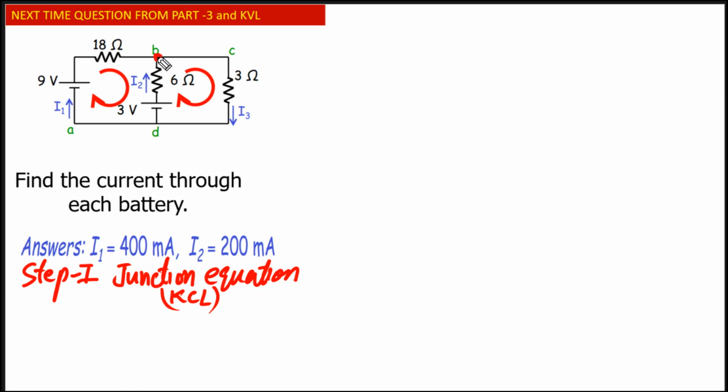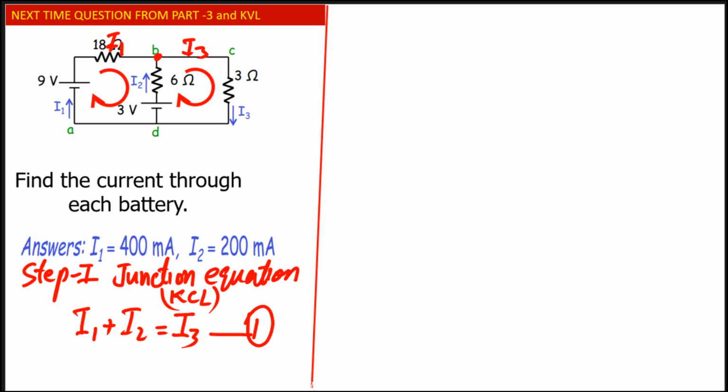As you can see here at this point, current entering is I1, and I2 is also entering, and I3 is leaving. So simply we can say I1 plus I2 is equal to I3. We can call this equation 1. Let's go to the next step now.